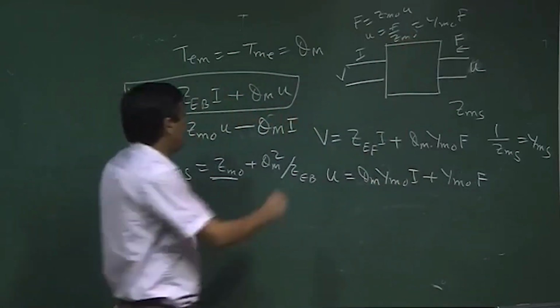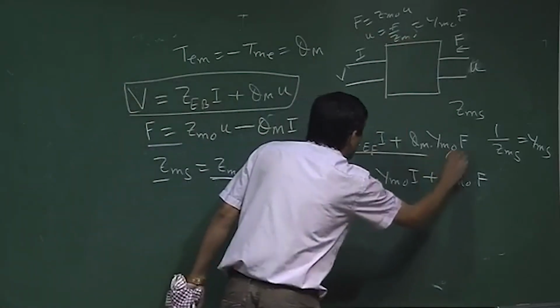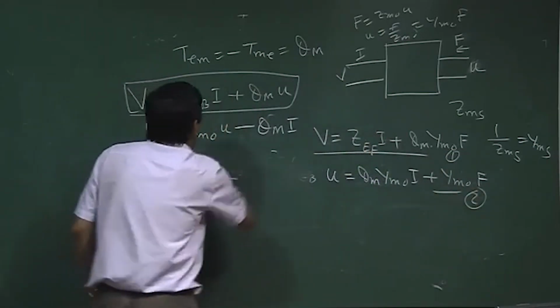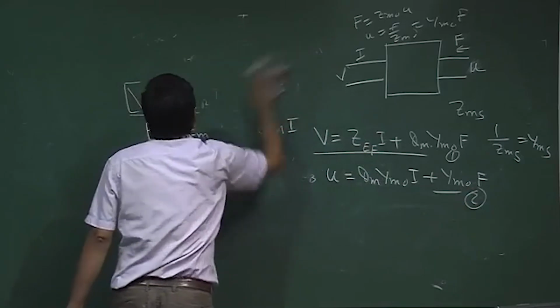So, these are equation 1 and equation 2. Now, can I draw the equivalent circuit for the anti-reciprocal transducer?